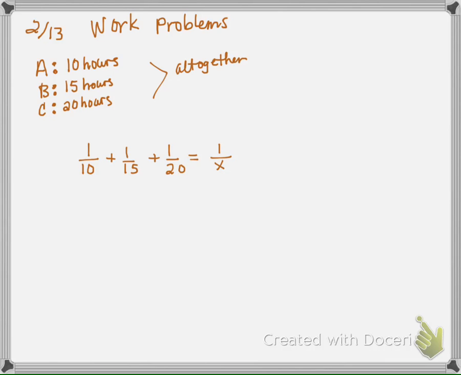Let's go ahead and solve. All right, so you guys said our LCD is 60x. So did you multiply everything by 60x? You should have. And in doing that, you should always have your denominator simplify.